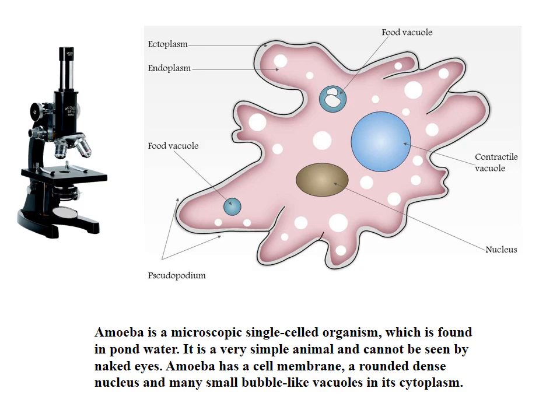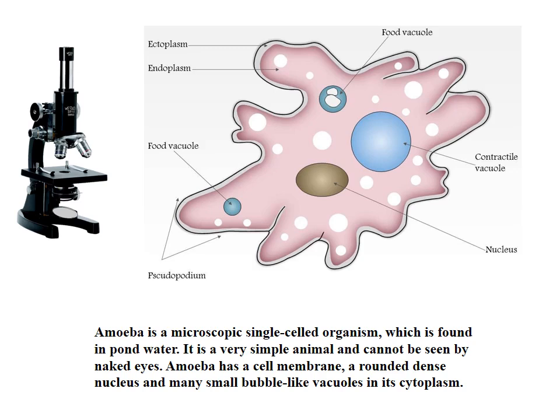Pseudo means false and podia means feet, so it is false feet. It is mainly used for movement and capture of food. To go from one place to another, pseudopodia are used, and for capture of food pseudopodia are also used.